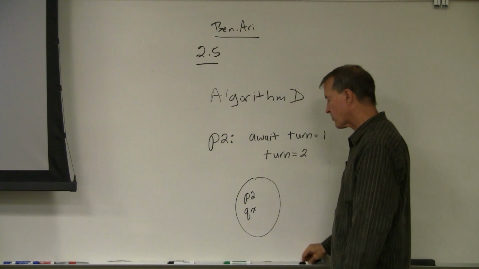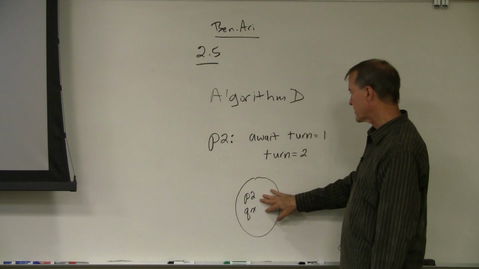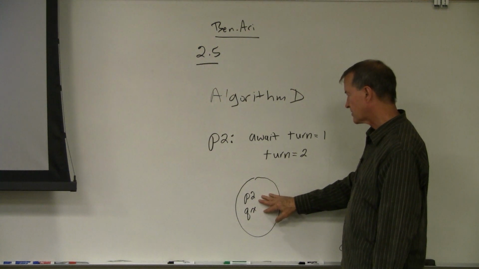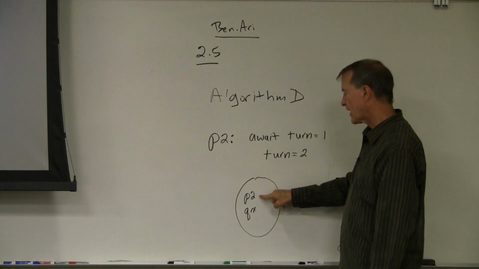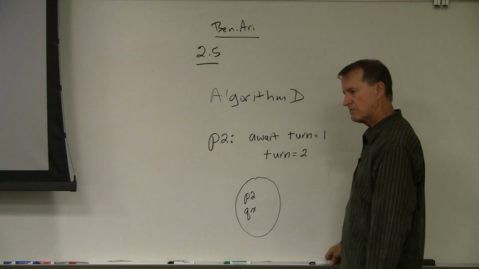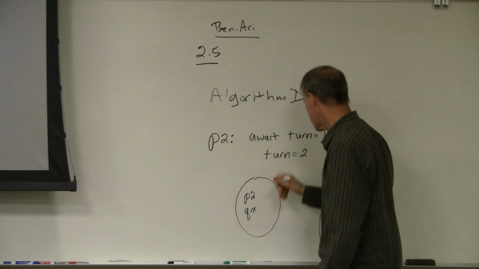Now here's the point. If in this state turn equals 2, then you cannot pick P2 to execute next. That's what this means.